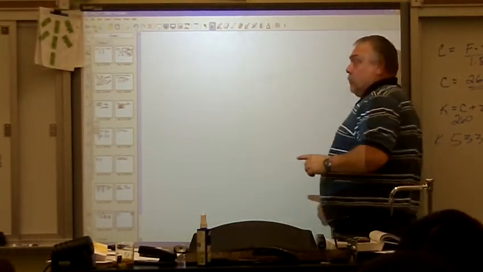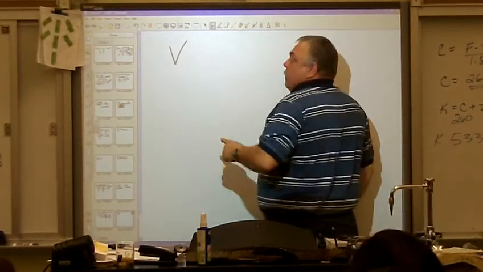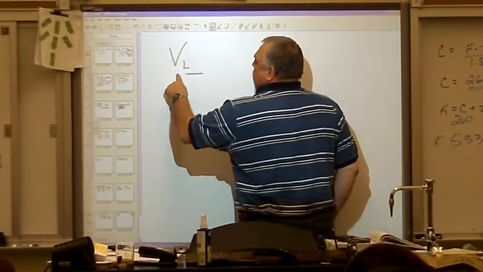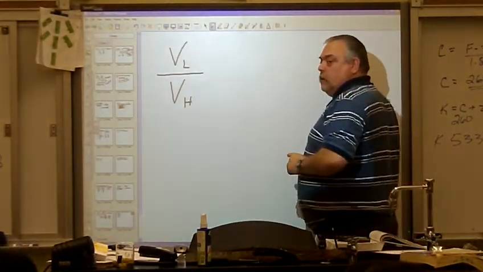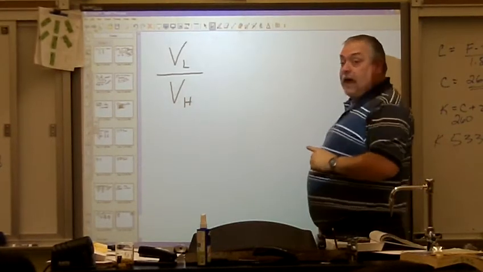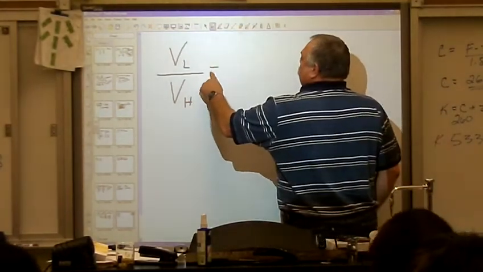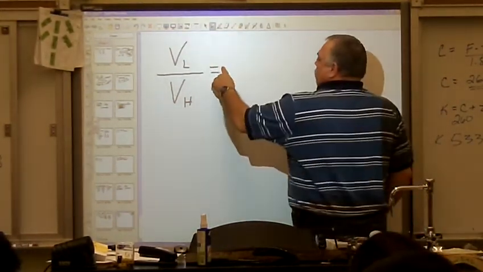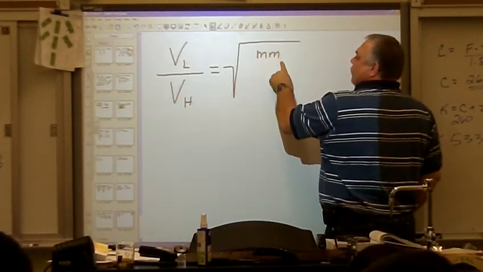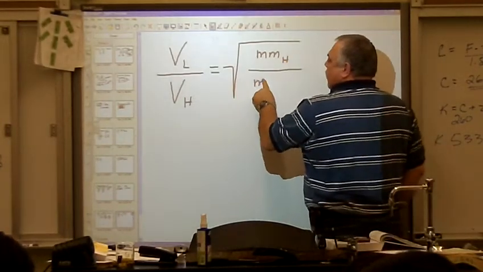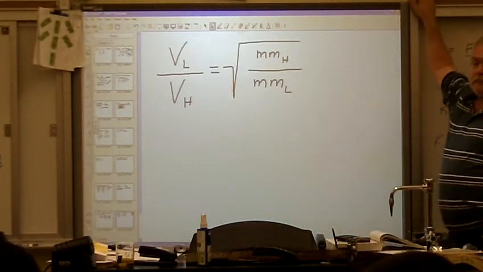It states that the ratio of the velocity of the light gas as compared to the velocity of the heavy gas is equal to the square root of the molar mass of the heavy gas as compared to the molar mass of the light gas.